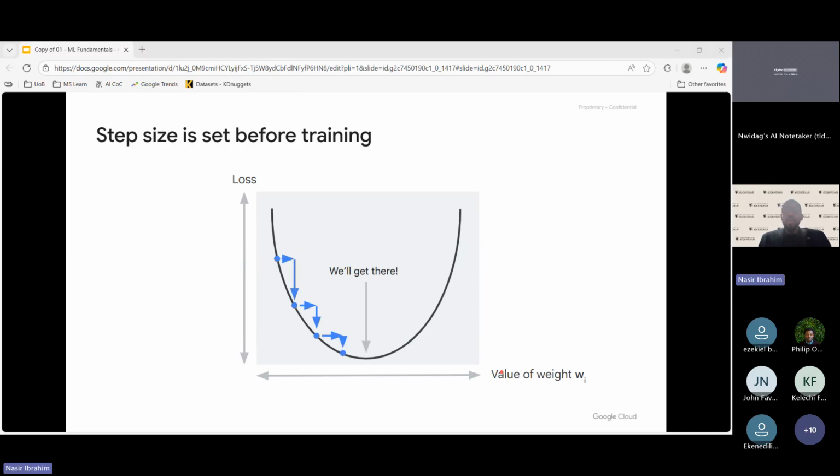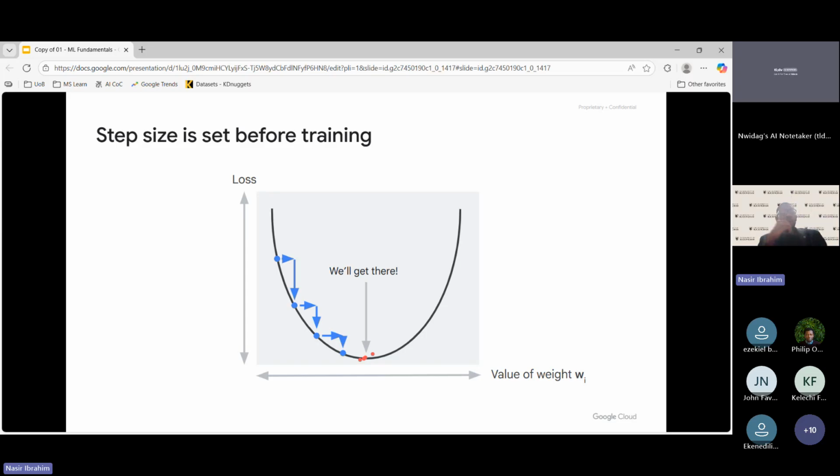But what you want to do is determine a step that is not too long and not too short. Because if you have a small step, it will take you a very long time to get to the bottom. Eventually you get to convergence to the minimum, but it will take an incredible amount of time.